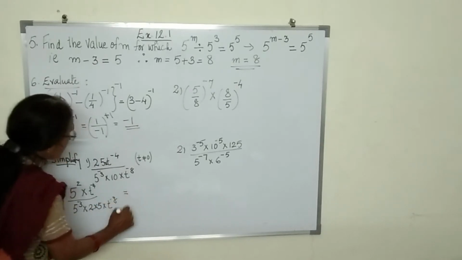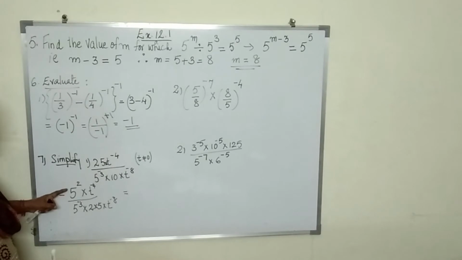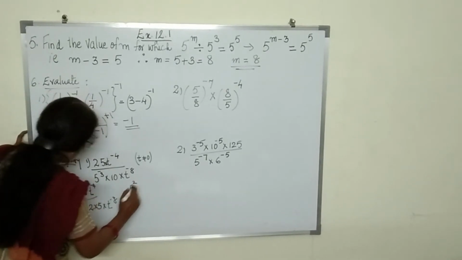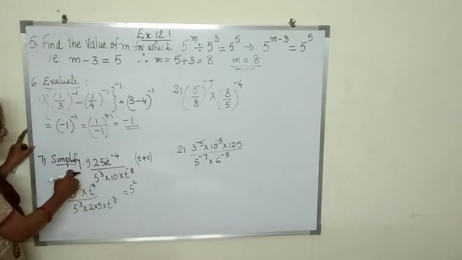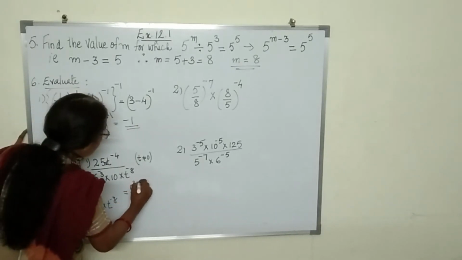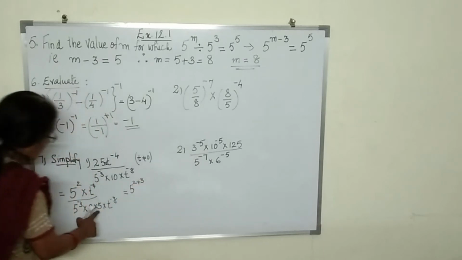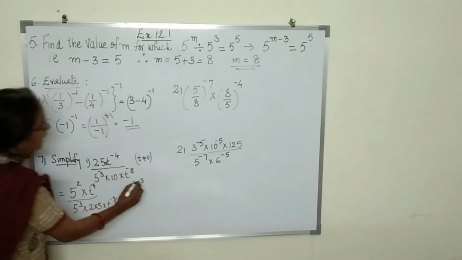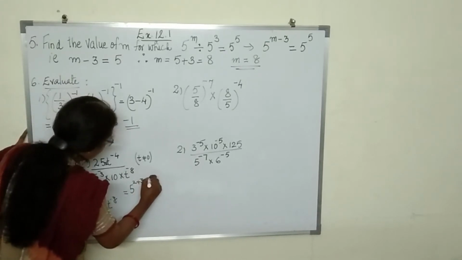Now take all the like terms. Here we have 5 raised to 2. Now if you take this minus 3 up, it will become plus 3. And this 5, if it goes up, it will become minus 1.